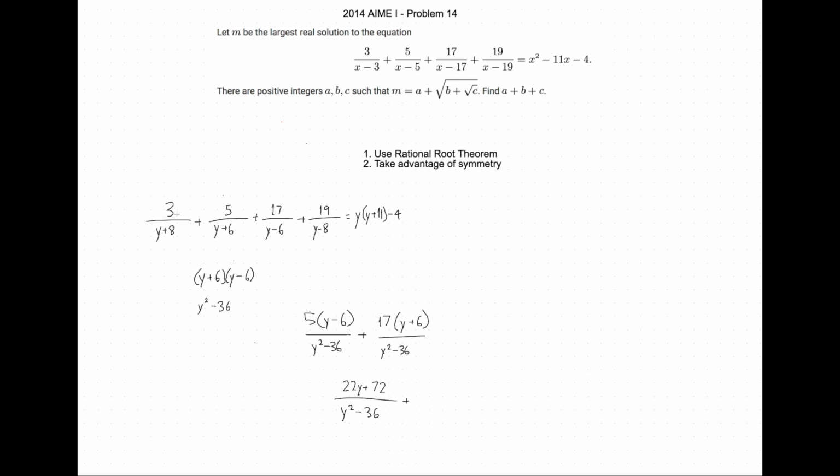And then if we combine these two, we get a y squared minus 64 on the denominator. But we'll also have a 22y plus 16 times 8, which is 128, equals y squared plus 11y minus 4.